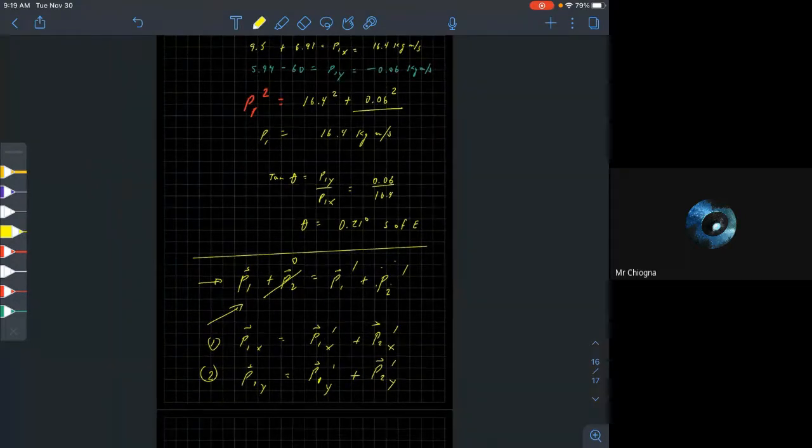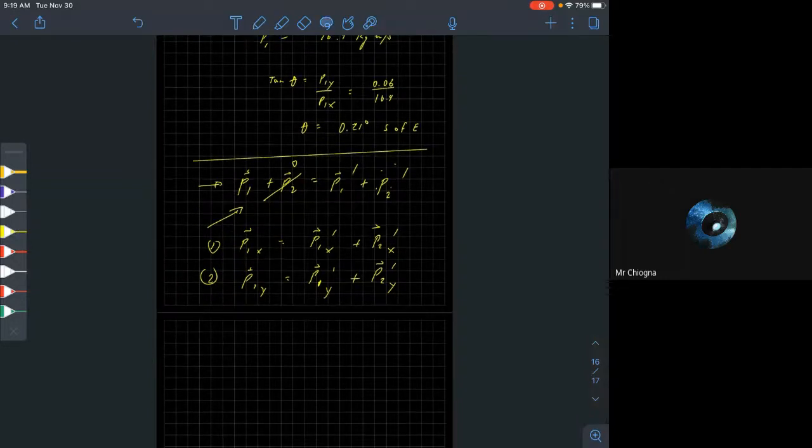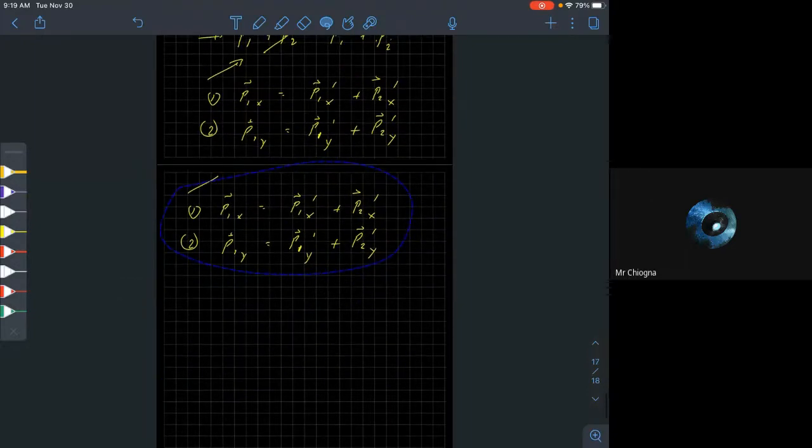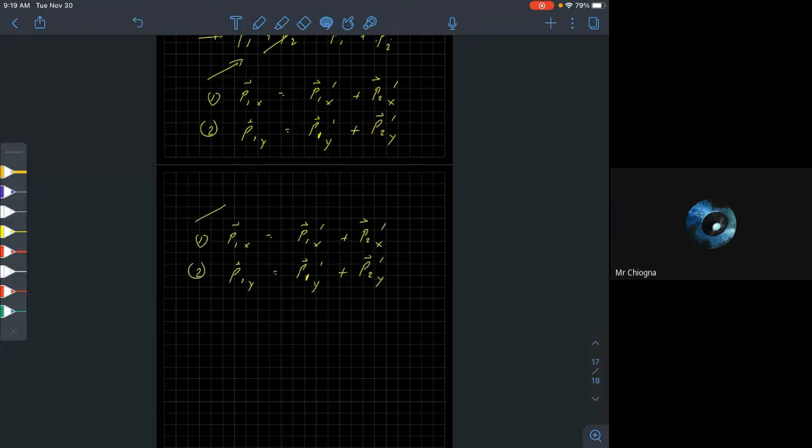Okay, I'm not done because I'm going to show you visually what these two equations mean. What do these mean? Well, I need it broken up individually. I need that one down here.